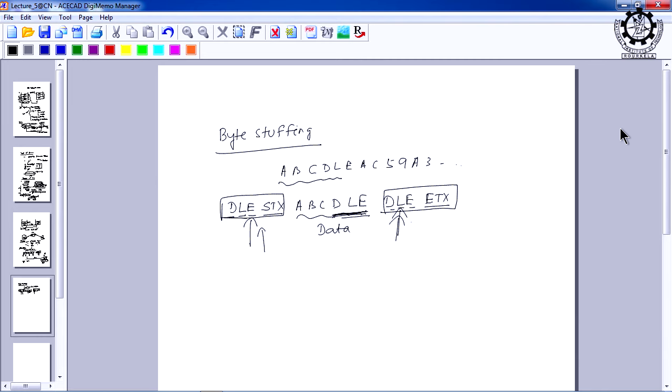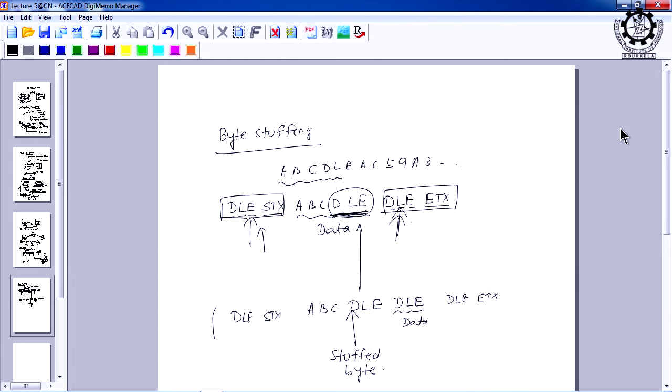So, when this accidental DLE occurs in the actual data on the sender side, along with the data A, B, C, the sender DLL stuffs the same character DLE again, followed by the DLE data. So this is your data and this is your stuffed byte, along with the same DLE STX and DLE ETX. This is the whole frame that will be transmitted to the receiver.